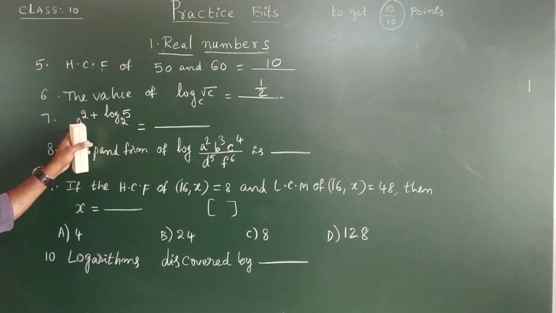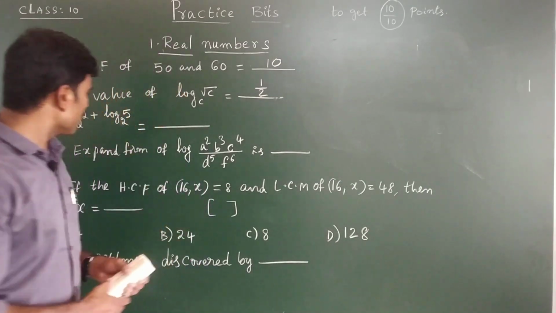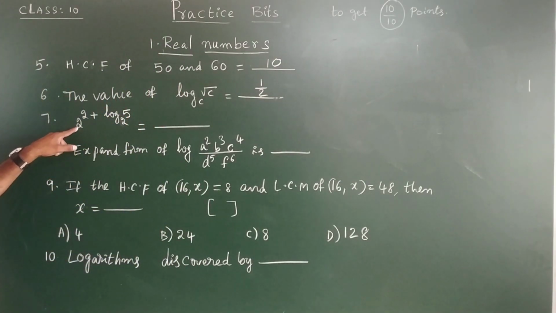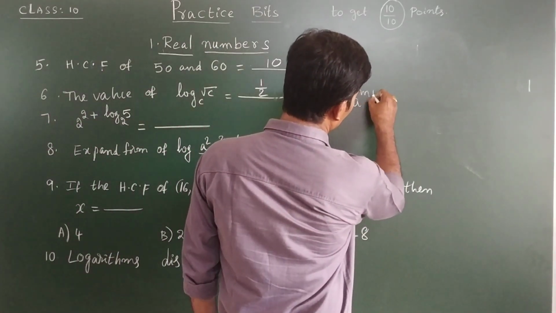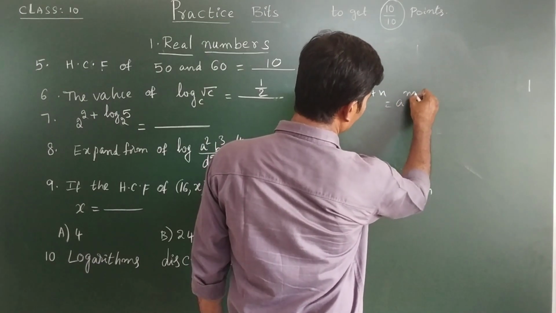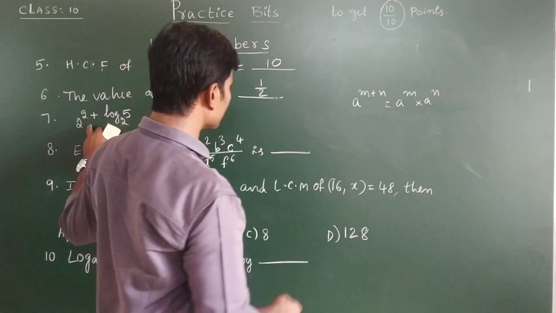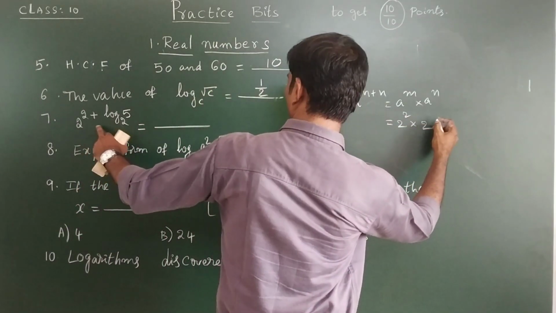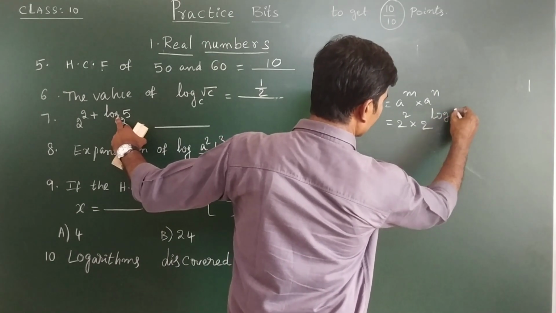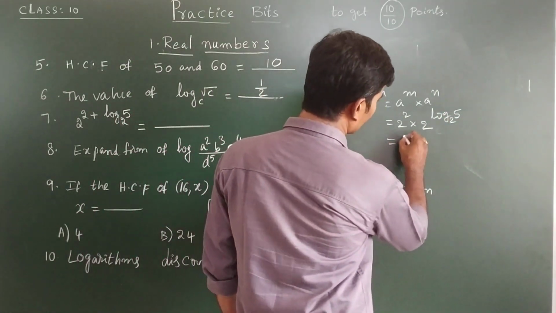This is 2 power 2 plus log 5 base 2. It is in the form of a to the power of m plus n. So a to the power of m plus n is equal to a to the power of m into a to the power of n. By using this formula, you write this one: 2 power 2 into 2 power log 5 base 2. 2 power 2 means 4.